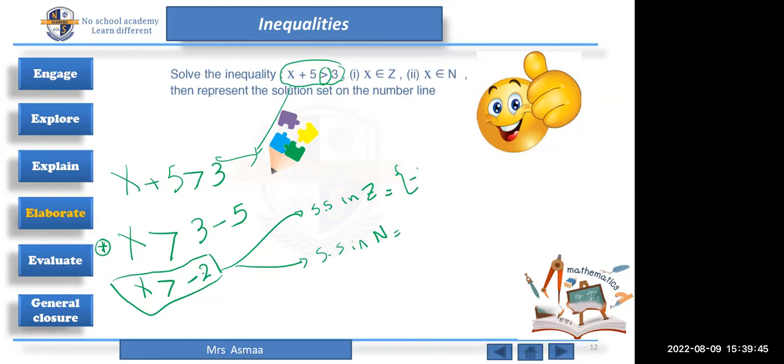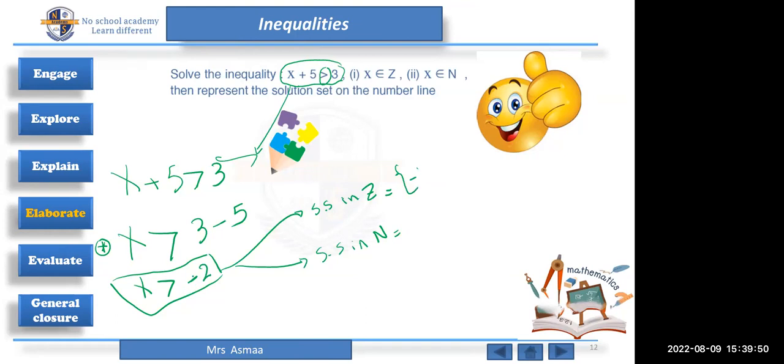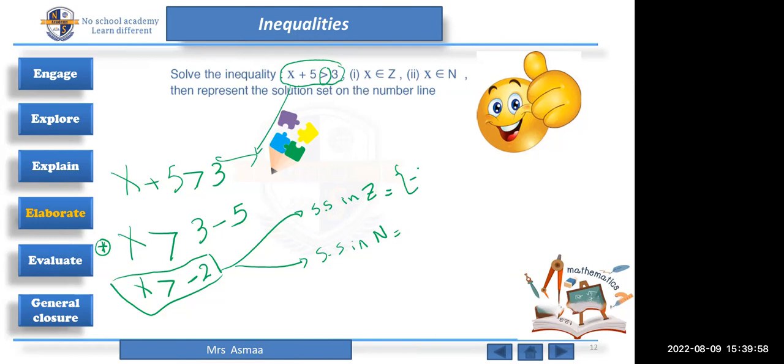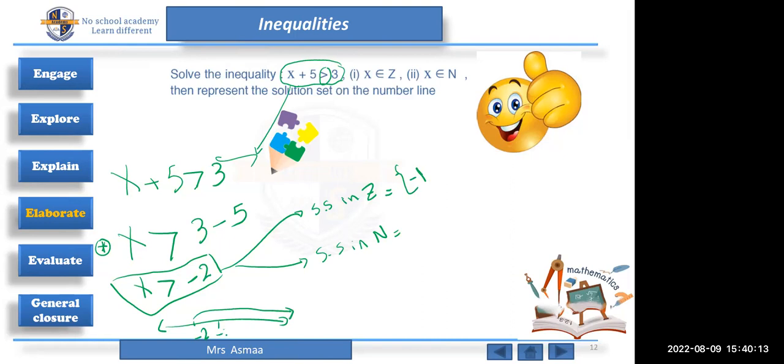No, I don't take negative 2 because I don't have an equal sign. So I will take the numbers which are more than negative 2. Negative 1. Move to the right on the number line. This is negative 2. I want the numbers which are more than negative 2, so I will move to the right. 0, 1, 2, and so on.